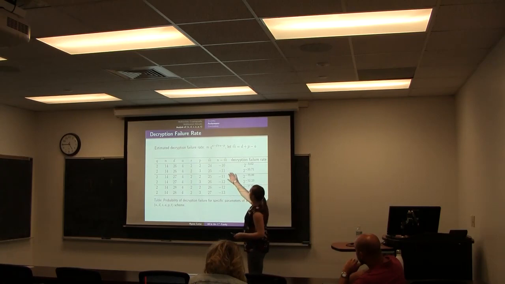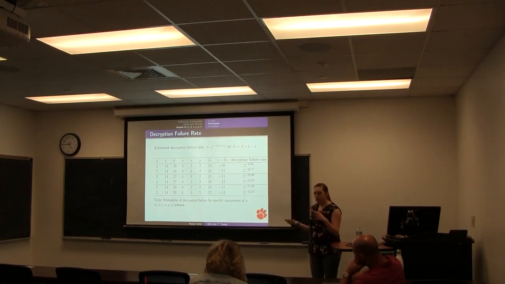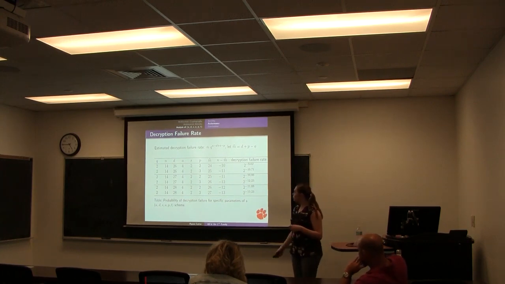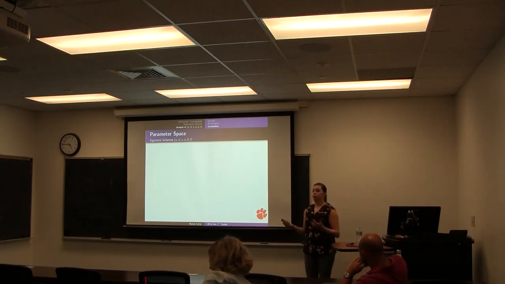Here we would get -10 and it's -9.62. So even though we did use a simplifying heuristic to get it, it does seem to be pretty close to actual decryption failure rates.